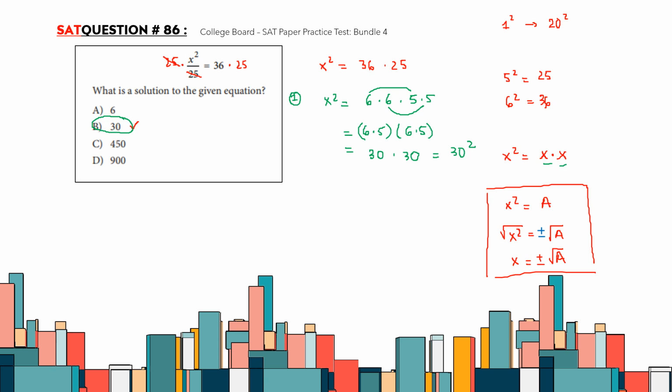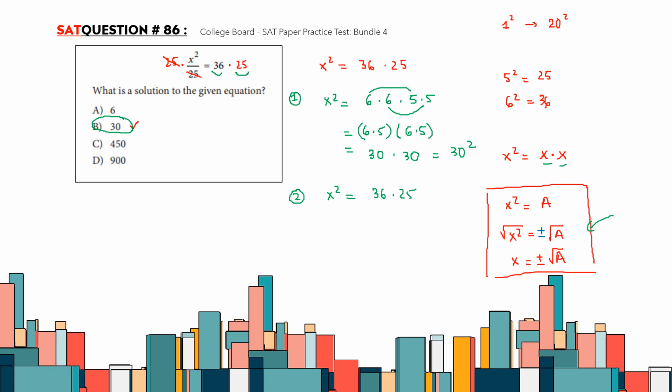But also, if we solve this problem in the way we're looking at right here, we do x squared equals 36 times 25. Never multiply those numbers together. Why? Because it's too big.